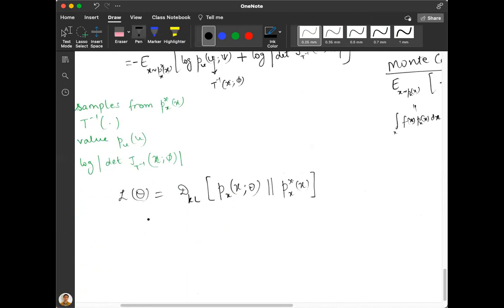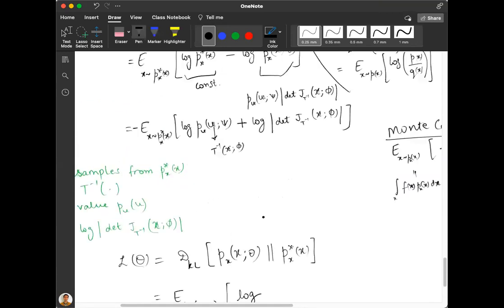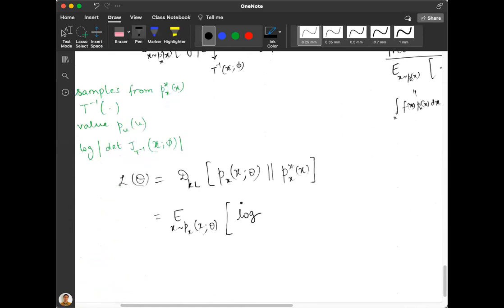So this is equal to the expected value over P_X(x; theta), basically X is sampled from this, and then inside the log term, log of P upon Q. So this is P_X(x; theta), and instead of writing upon, I can write minus here.